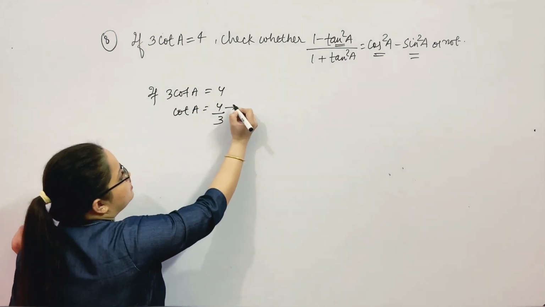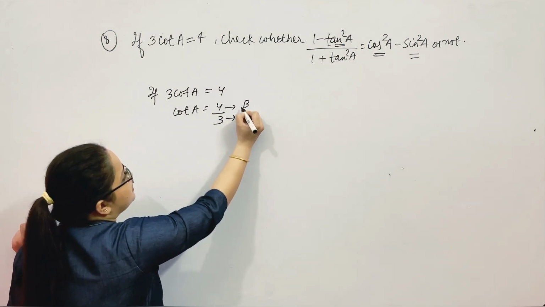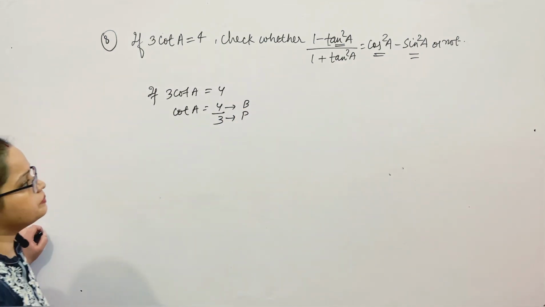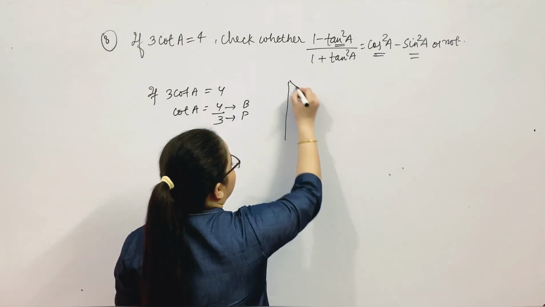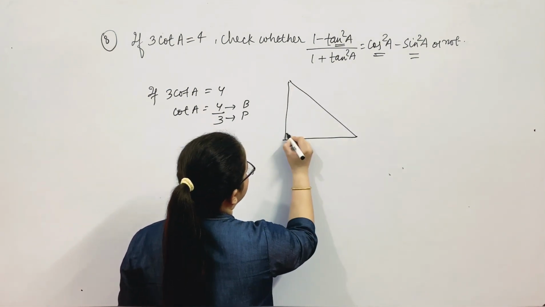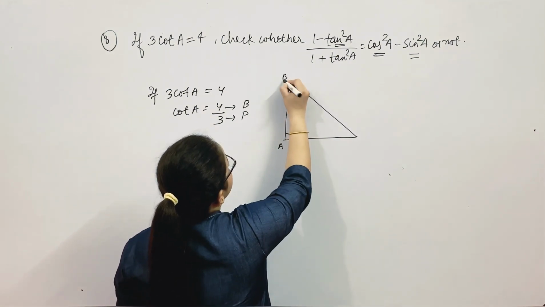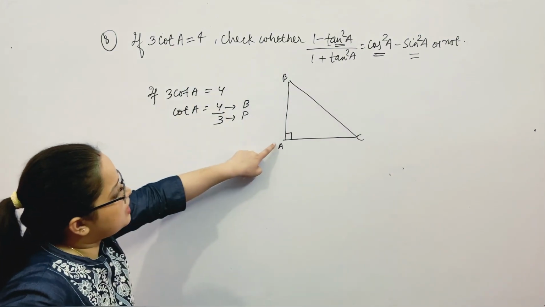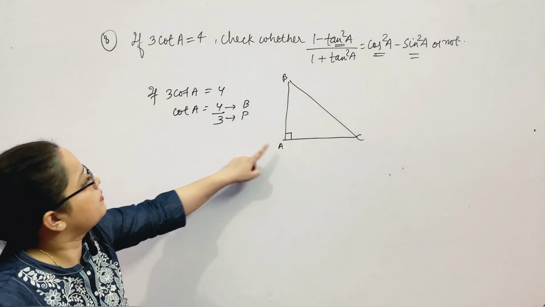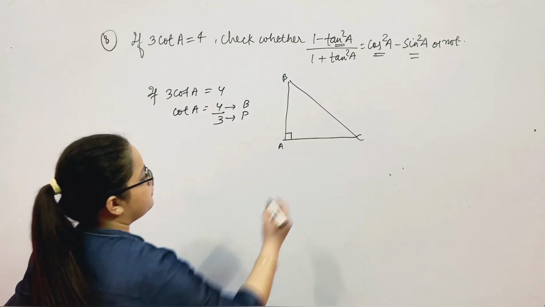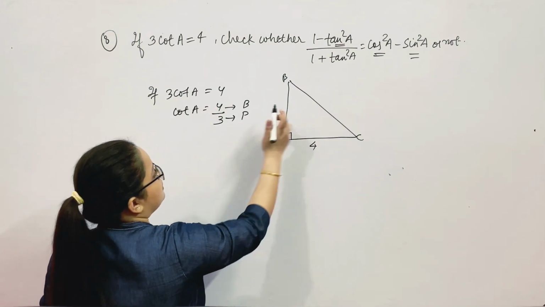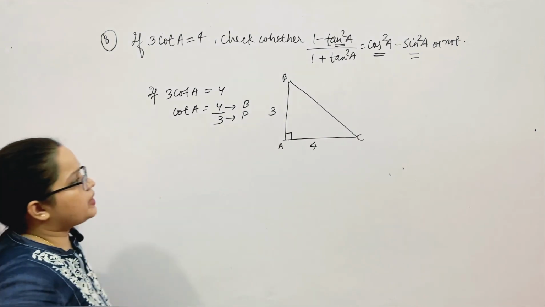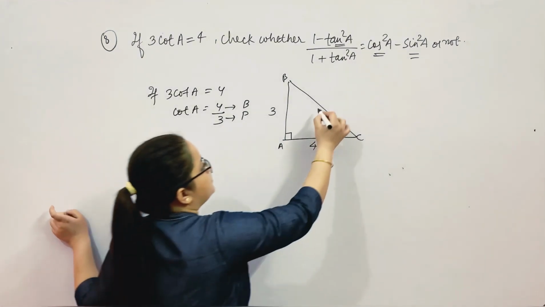Cot A, we already know the formula. It's base over perpendicular. We will make one right angle triangle ABC. Since angle A is given, we have taken angle A at the base. Base is 4, perpendicular is 3. By Pythagoras theorem we will find the hypotenuse.